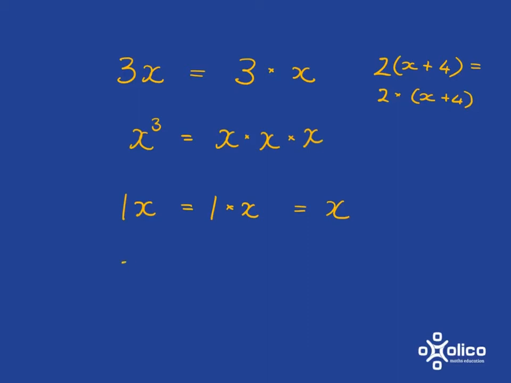And similarly, we don't bother to write x to the power of 1 because x to the power of 1 would mean just, like x squared means x times x, x cubed means x times x times x. X to the power of 1 means you've just got 1x, and so it's just x that we write it as.